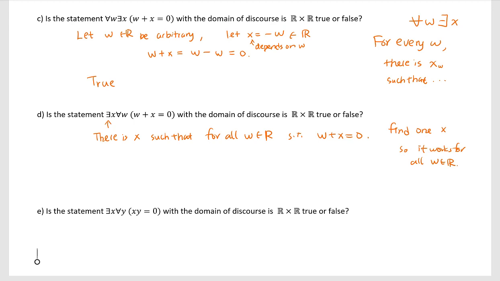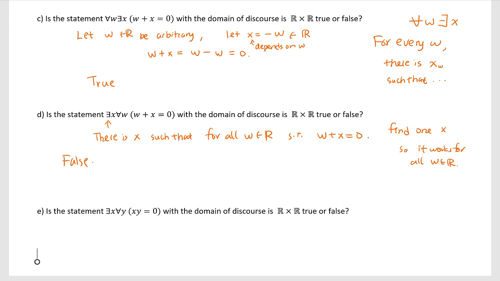To show it is false, we can show that for every x value, we can always find some w such that w plus x is not 0. How do we show it's false?